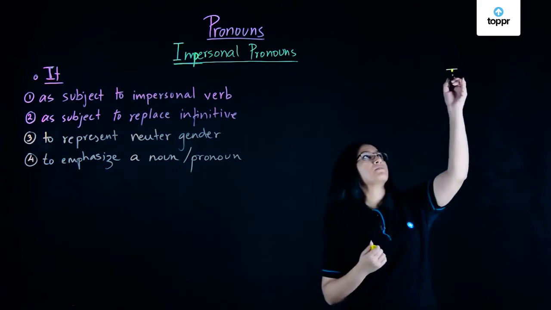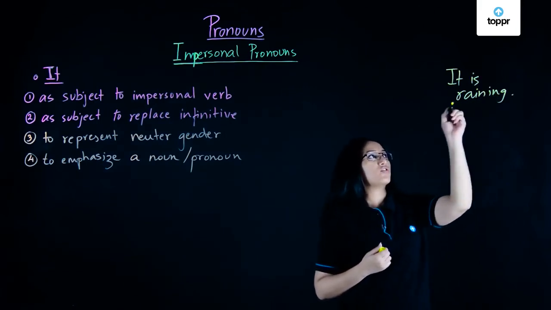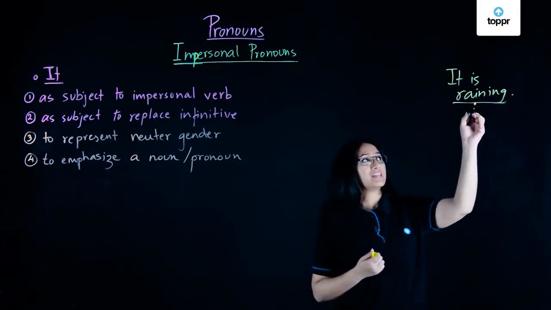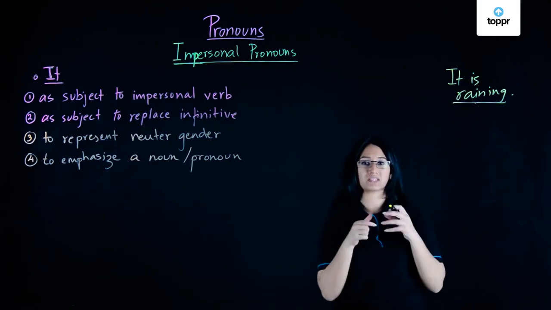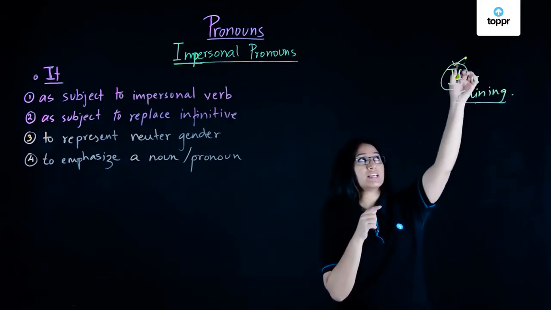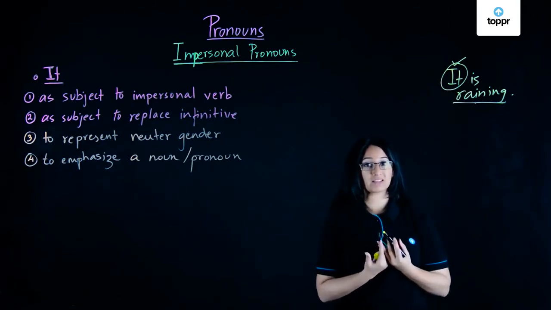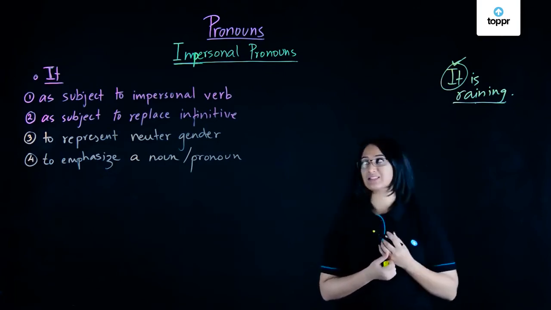So, for example, it is raining. The word raining here is the verb, but it is an impersonal verb because it does not have a specific subject attached to it. But I have used the word it in order to replace the subject and made it an impersonal pronoun in forming this sentence.